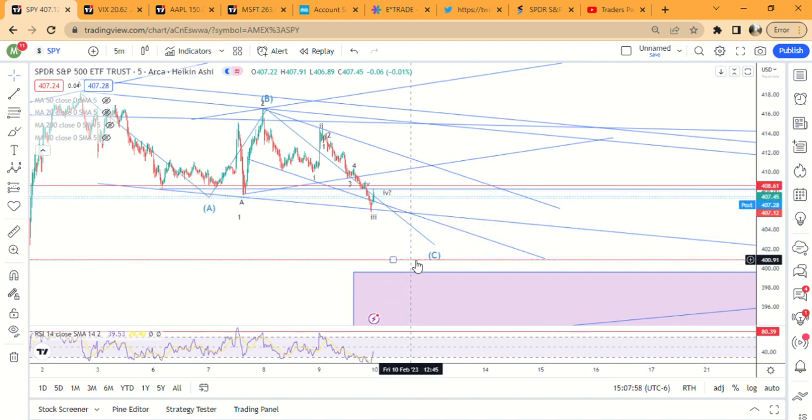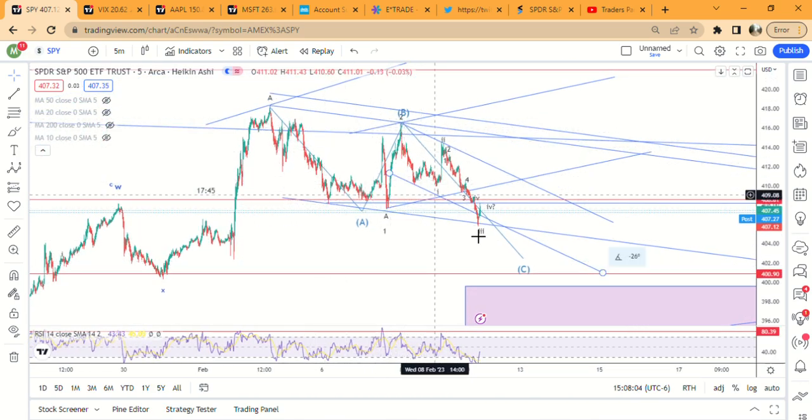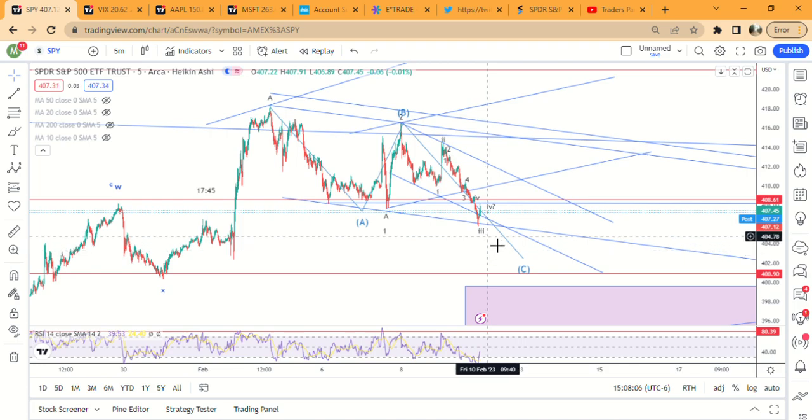So the fifth wave down has to hit 401. If it does not, then I rule out this being the top. So again, we'll see tomorrow. 401 or bust for the bears. If you're bullish, you just want to come down here a little bit farther, or you've already bottomed right here and you're ready to go higher.